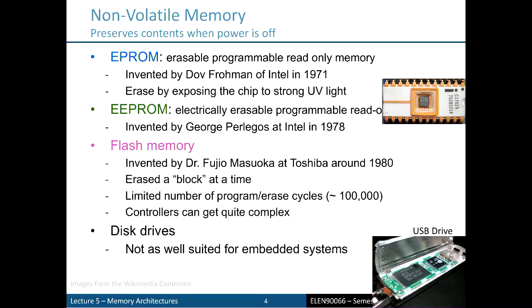But the big thing here is that you only have about something like 100,000 program erase cycles, write-rewrite cycles. And after that, it becomes useless. All right? So that means you have to be very mindful of where the flash memory is being used.